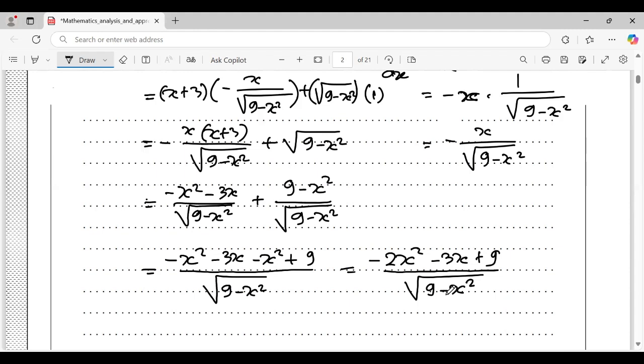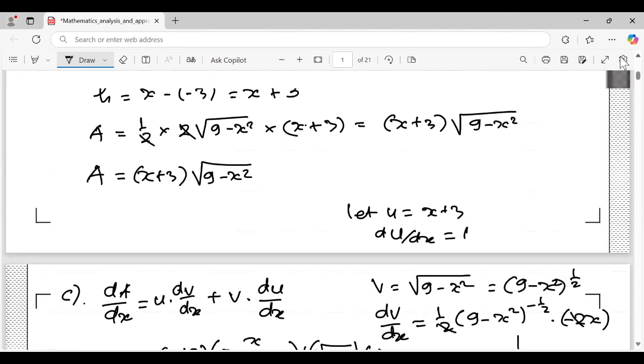So this is the derivative dA/dx. Next question.